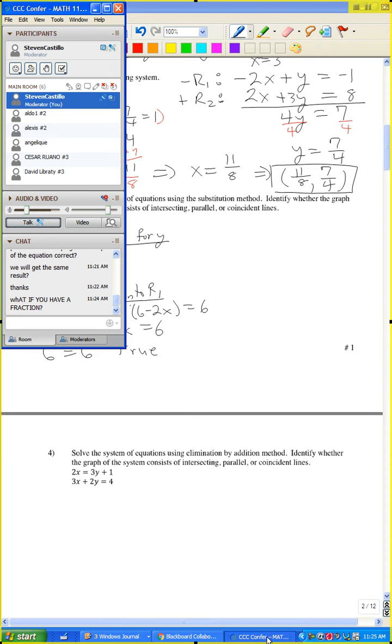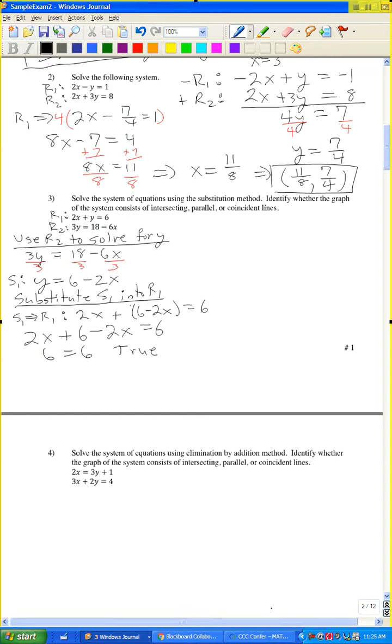It doesn't matter if it's a fraction or not. As long as the two numbers are the same, then this will be a dependent system. This will have an infinite number of solutions. And so let's try to figure out what infinite number of solutions these are.